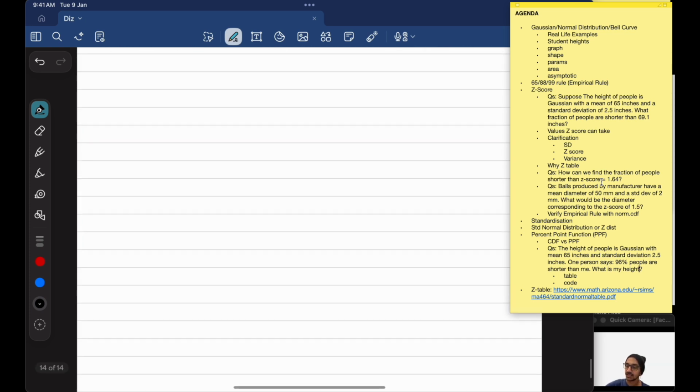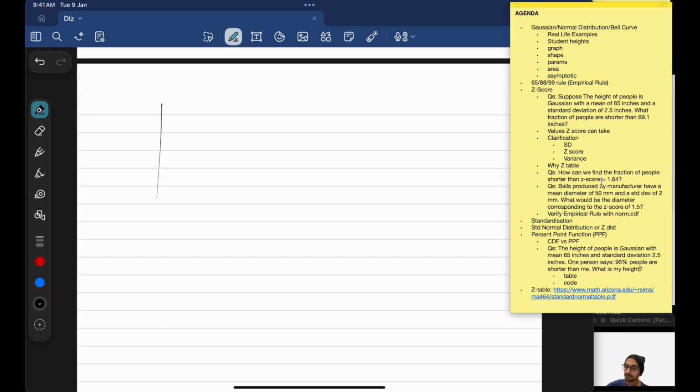So let's say you have your heights and you have z-score. So all they are doing is mapping height values to z-score values.